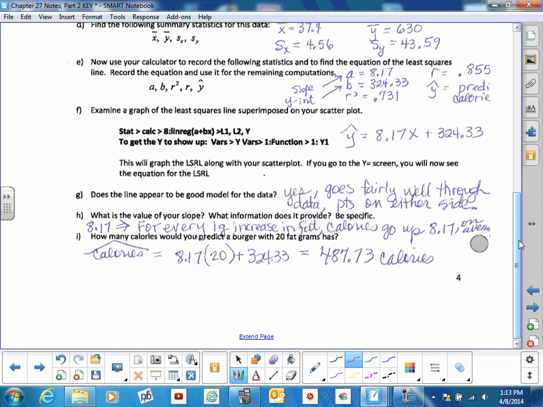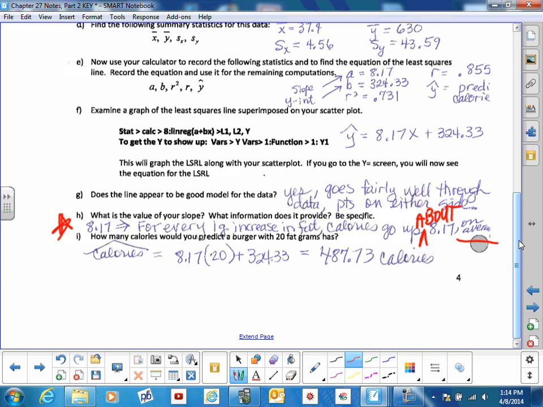Please make sure that you are proficient in defining what the slope means. The slope of 8.17 means that for every 1 gram increase in fat, calories go up 8.17 on average, or you could say they go up about 8.17. Okay, so there's kind of the highlights on that one.